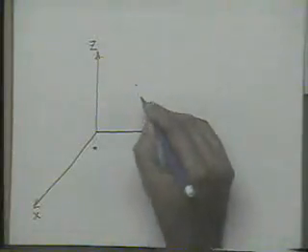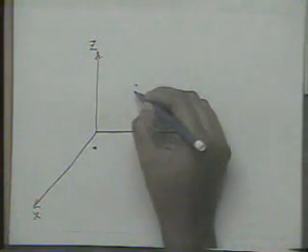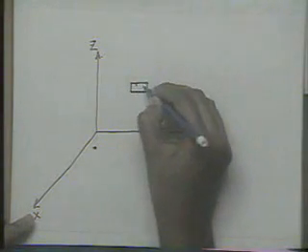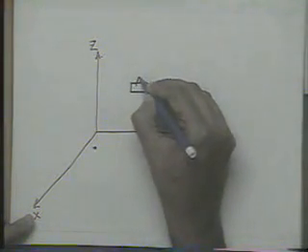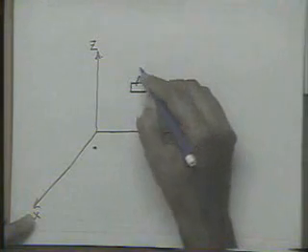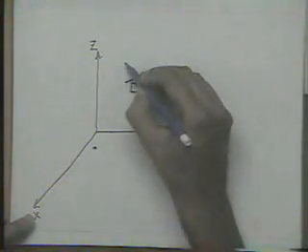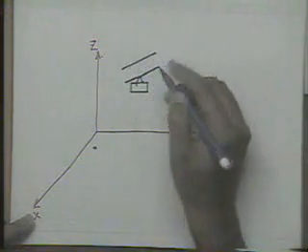Let us also think of some fixing arrangement for the camera. That means we have a base like this, and on this we are mounting the camera, and permitting the camera to move a little bit.